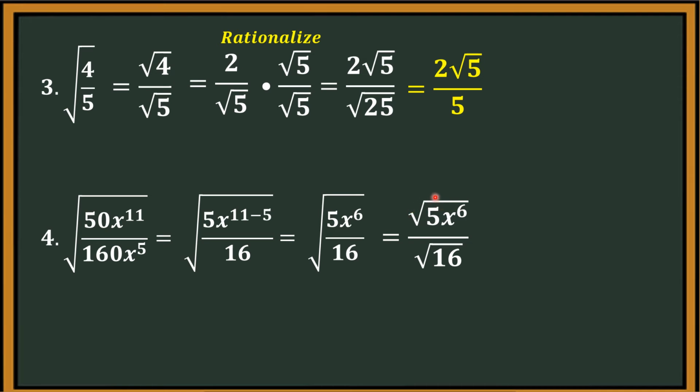So, pwede nating i-divide ang exponent nito dito sa index. So, kapag dinivide natin yan, we will have here x cubed. And then, matitira yung square root of 5. And then, sa denominator, 16 is a perfect square at ang square root ng 16 ay 4. So, this is now the final answer.